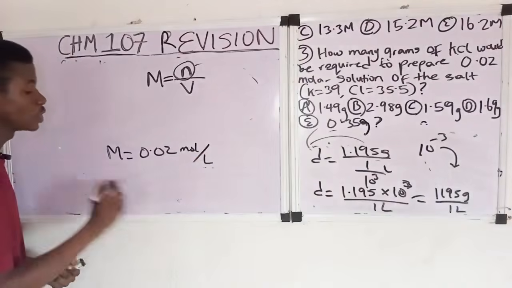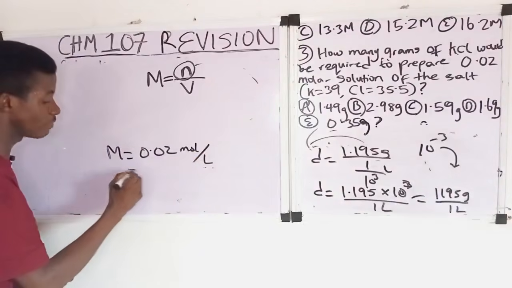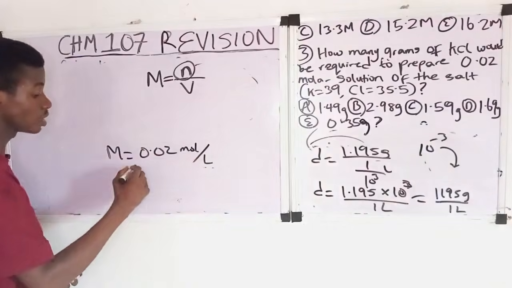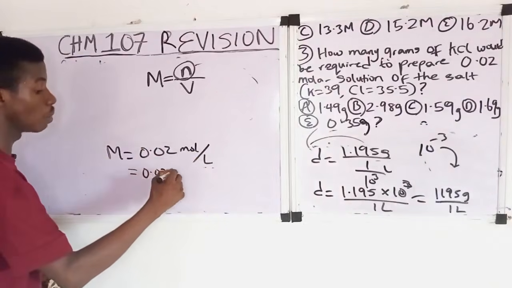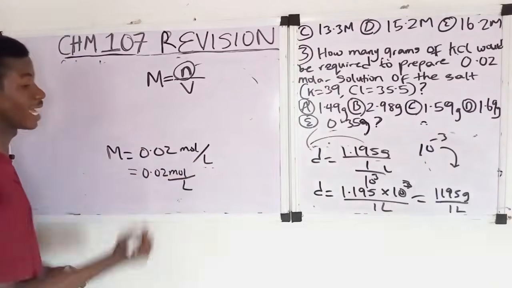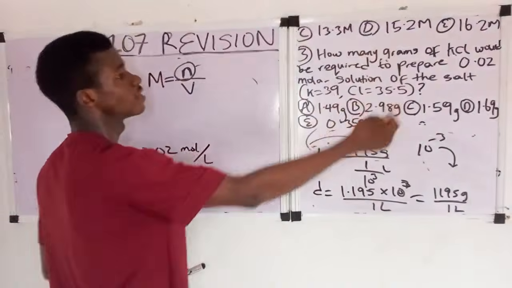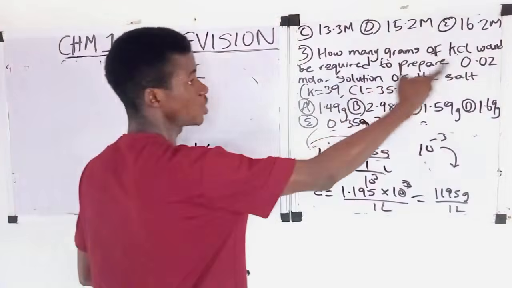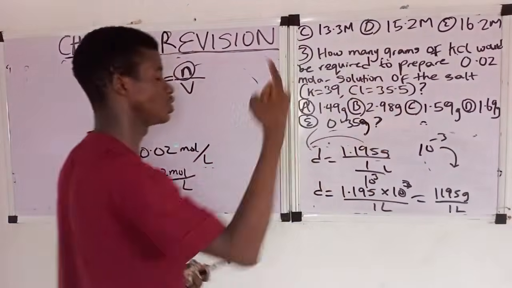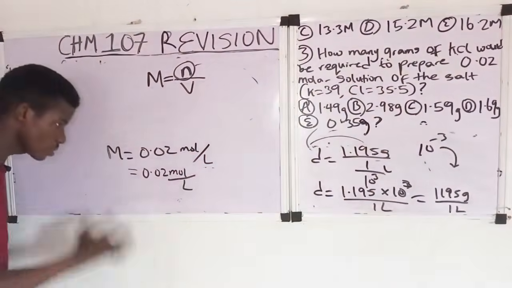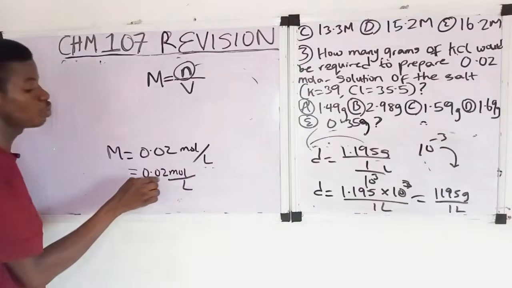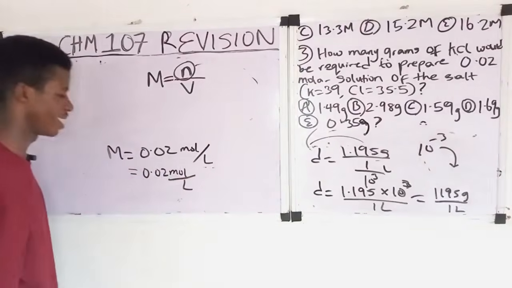It is liter, right? So the molarity that they gave us means the solution contained 0.02 mole per liter. They said, how many grams of potassium chloride would be required to prepare 0.02 molar solution of the salt? So the molarity of the salt is 0.02 mole per liter, right?